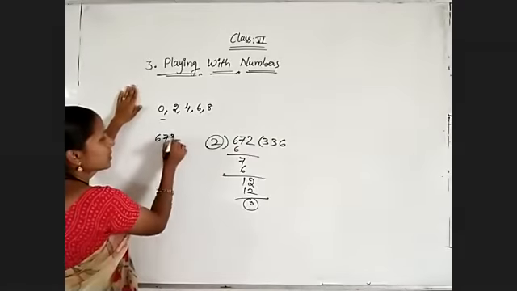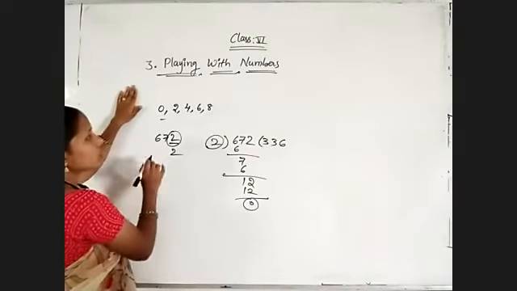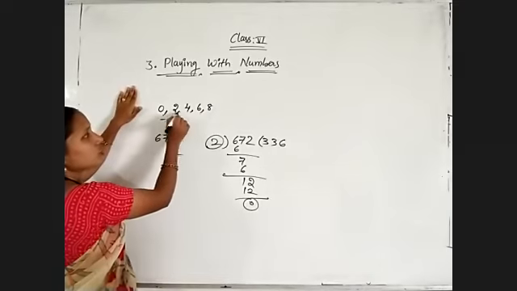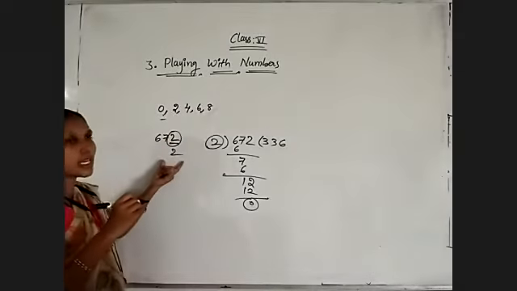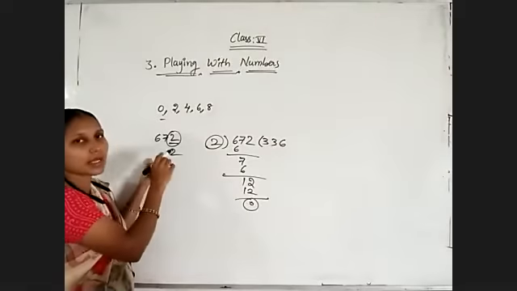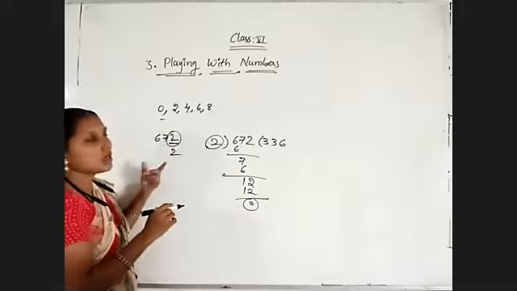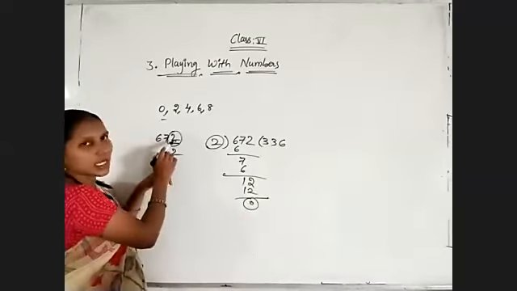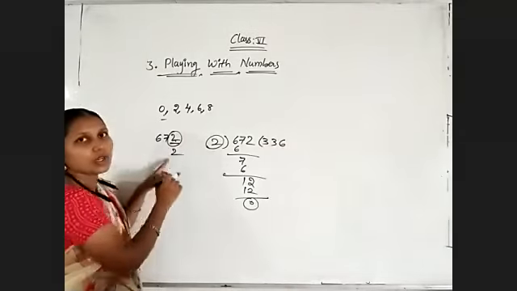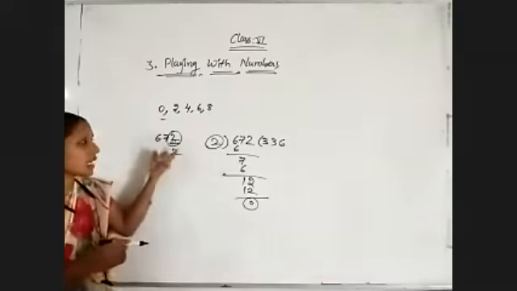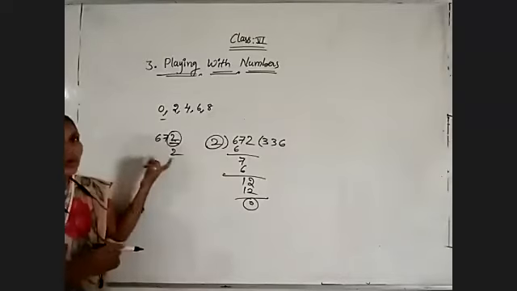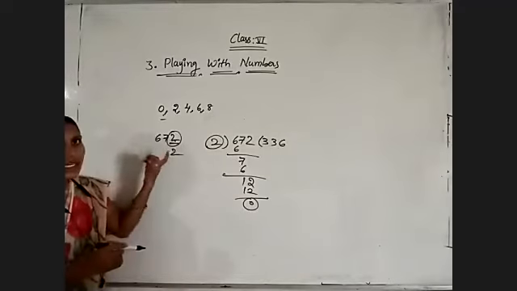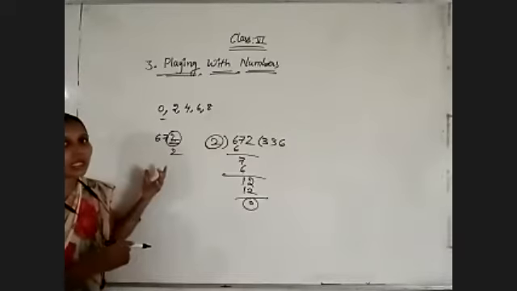In the ones place, which number do I have? 2. So 0, 2, 4, 6, 8. If any of these digits is in the unit place, then that number is divisible by 2. So because 2 is there here, it is divisible by 2. Without doing this much process, we are able to say that it is divisible by 2. Such a condition is known as a divisibility rule.